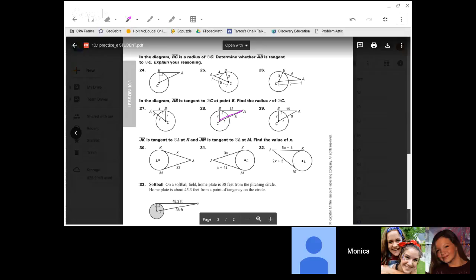Okay, so 8 only covers this part of it. This part of it is R. So you see that it's R plus 8.